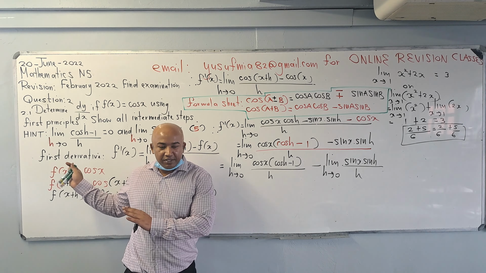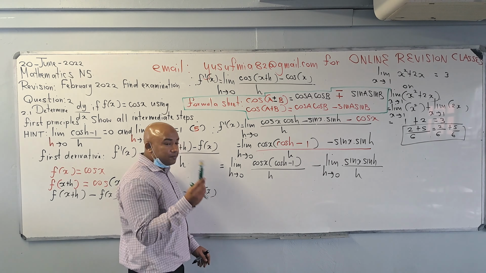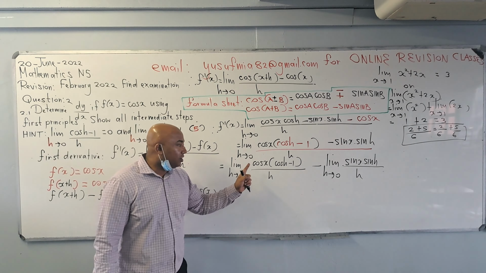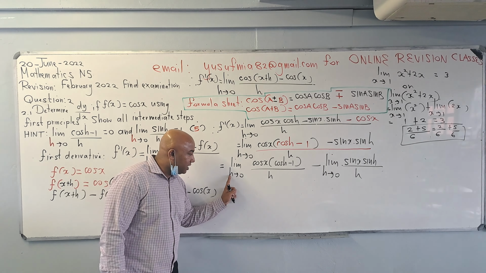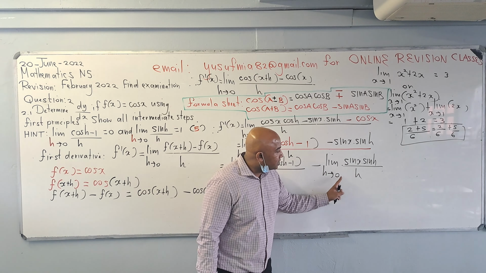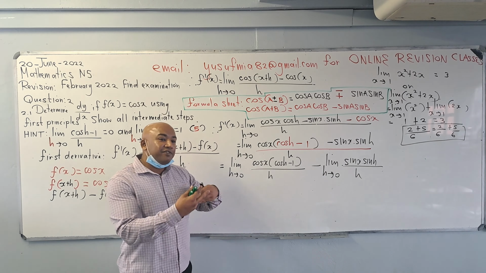Even though the hint was an error, we corrected it. Now, we are substituting for the variable h, not for x, because this is h approaches 0 here, and h approaches 0 there too. So any other variable there is not affected.